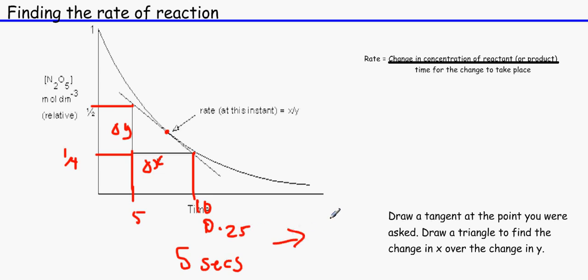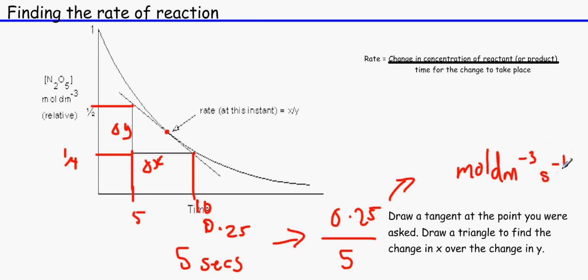So the rate of this would be 0.25 divided by 5, and the answer would be whatever it is. I didn't calculate it, but the units would be mol dm^-3 s^-1. So this is the written way of writing it, if that's even proper English.